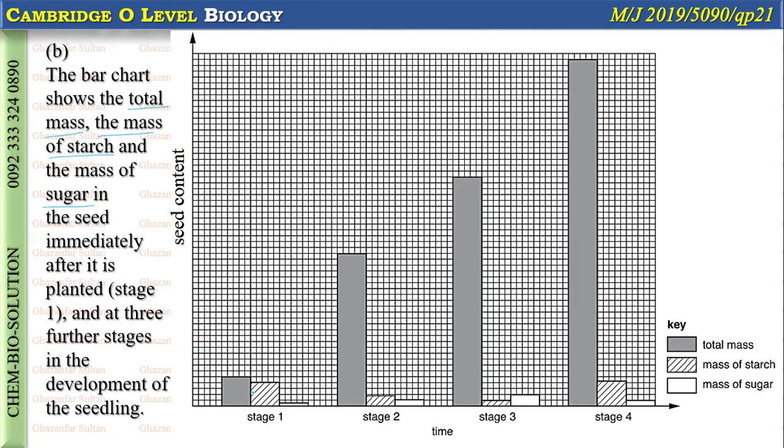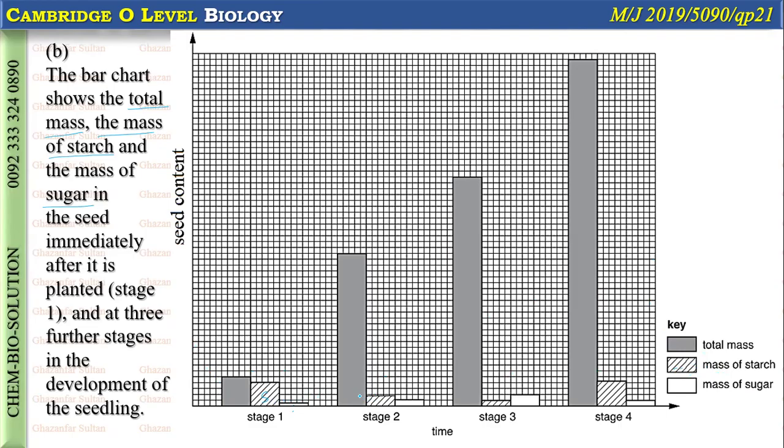You can see that initially the mass of the seed was this. This is the total mass, and this is the mass of the starch. You can see the key here. This is the mass of the starch. This is for sugar. So initially very little sugar is present at stage 1.